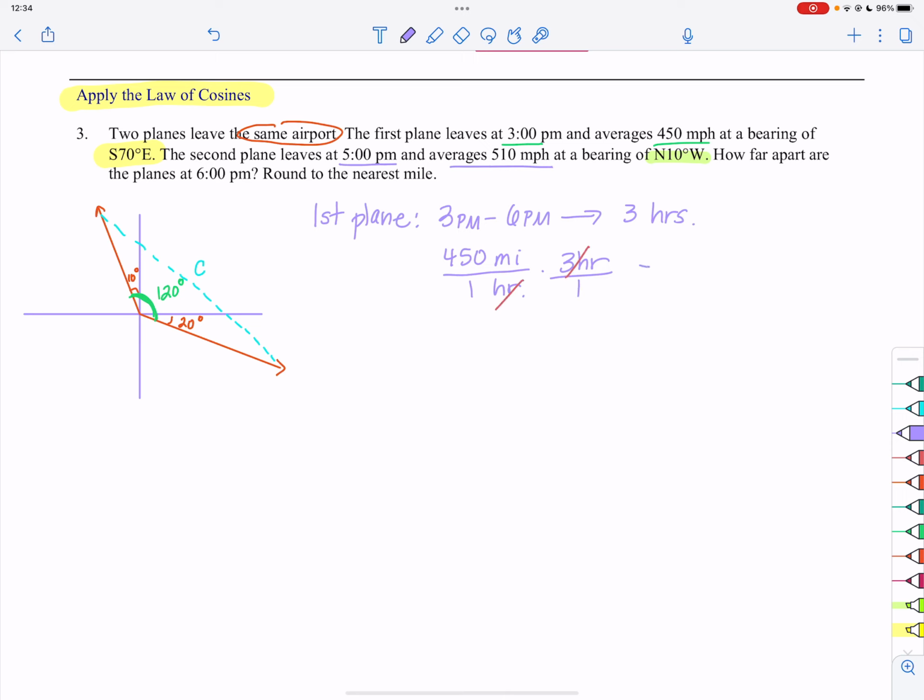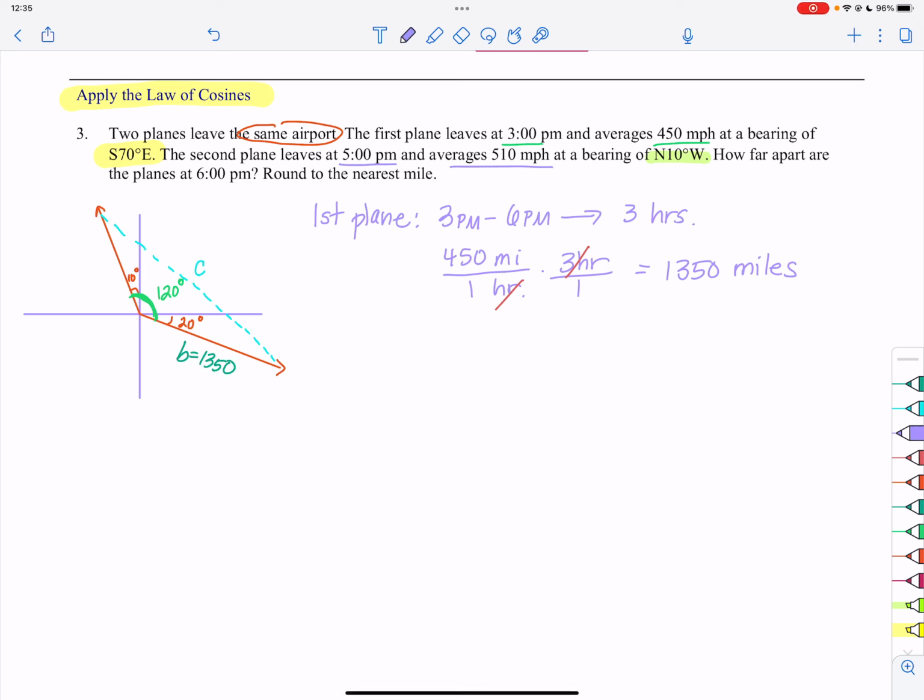And that comes up with 1,350 miles. And that is how far the first plane travels. I'll go ahead and just call that B. Actually, let me write that. Side B equals 1,350.